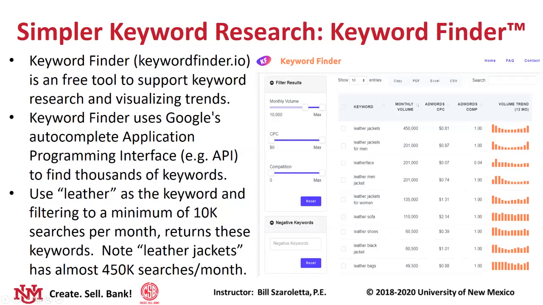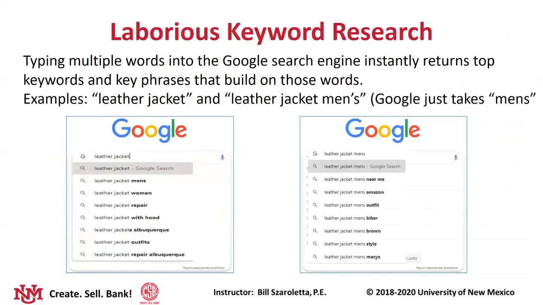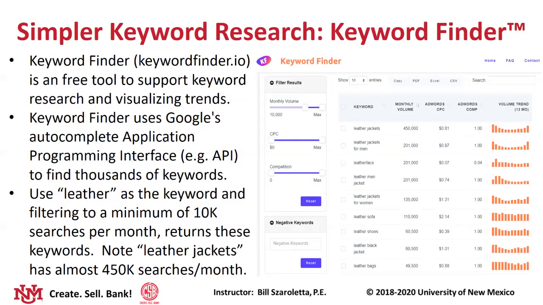Now, recall what we just saw on the previous page, where this is the autocomplete by Google. So every time you type in something, it'll go to the Google database and via this application programming interface, pull information out.